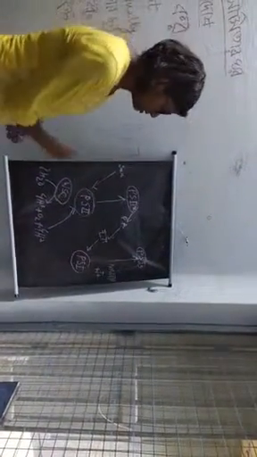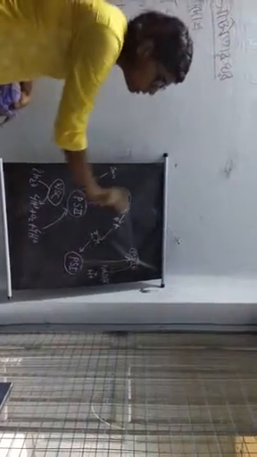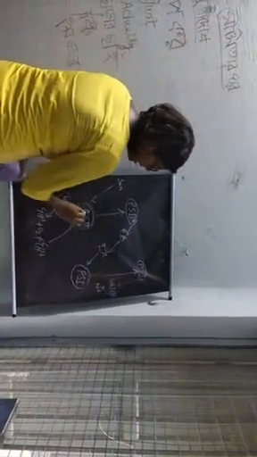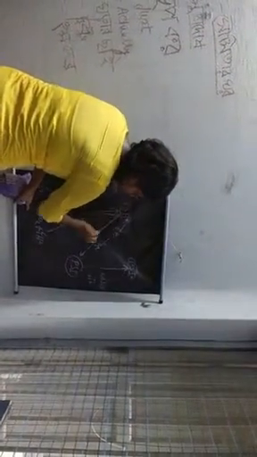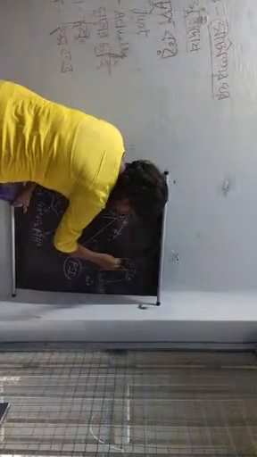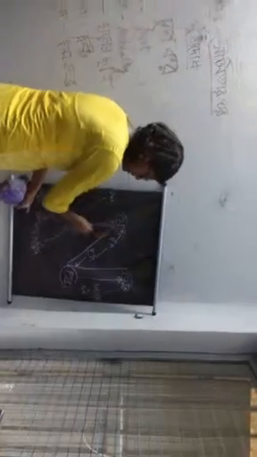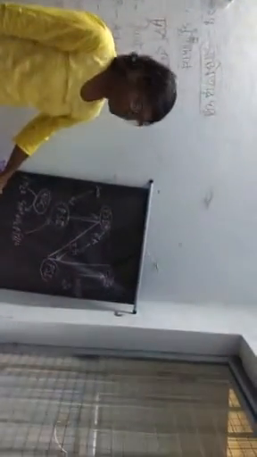If you see this whole light reaction, you can see it is in the shape of an inverted Z, the alphabet Z.